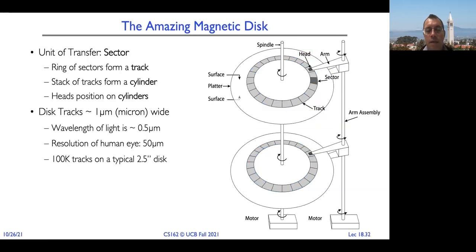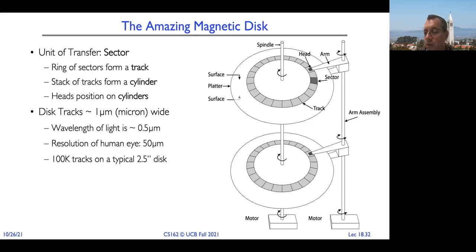So some numbers. The disk tracks are around 1 micron wide, which is very small. The wavelength of light is only half a micron. The resolution of human eyes is 50 microns.